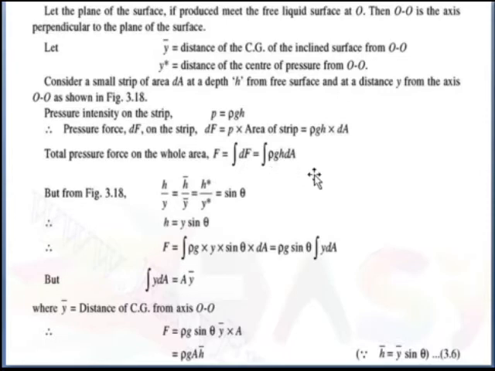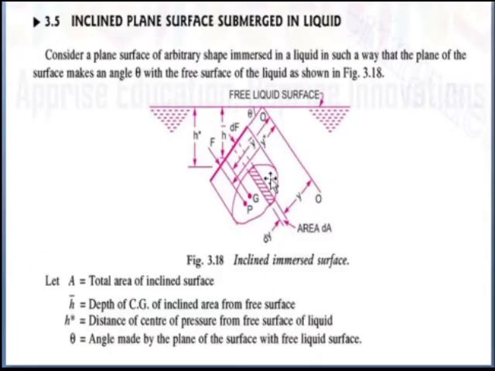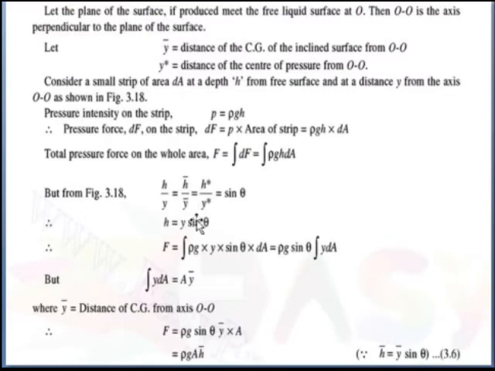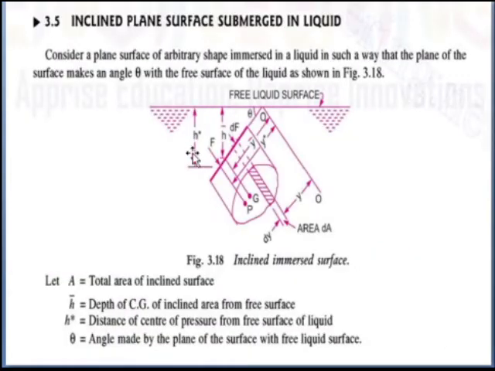Then from this figure we can find one relation, that is A star upon y star is equal to sin theta. Again h bar upon y bar is equal to sin theta.